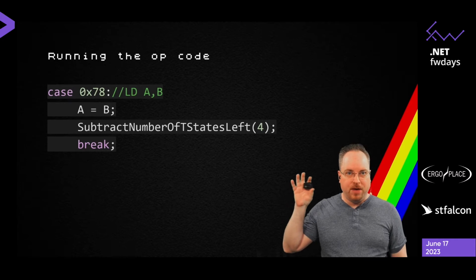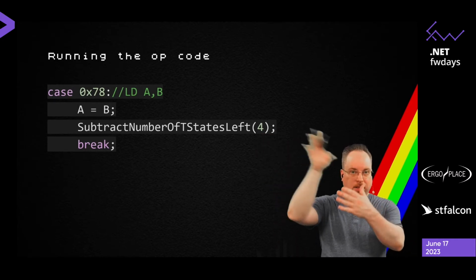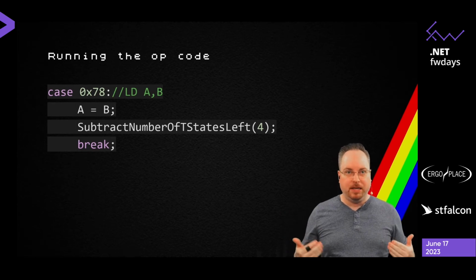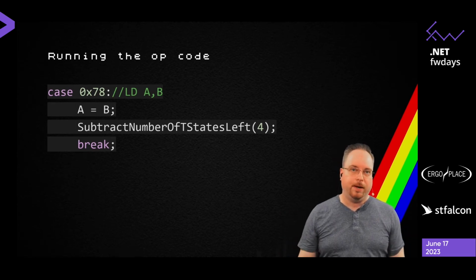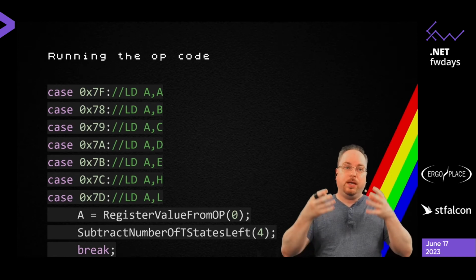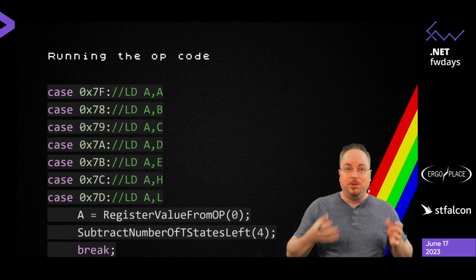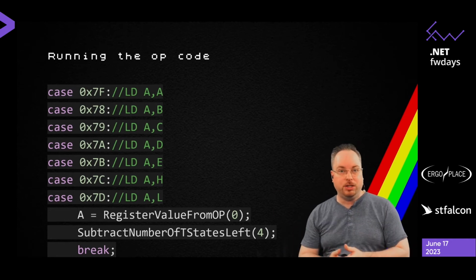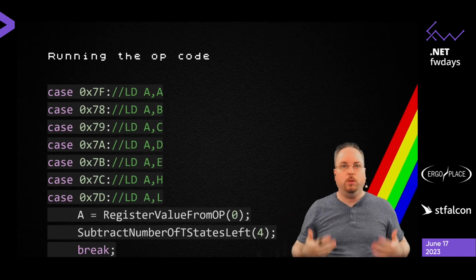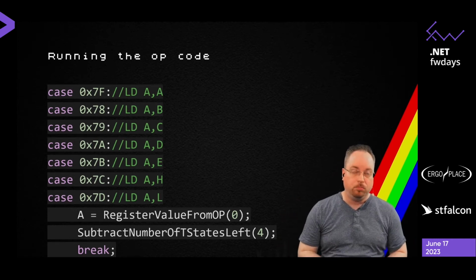It puts the value from the B register into the A register, and it subtracts some timing. It takes a little bit of time to do that. So instead, what we could do is use the method I just showed you to get the value out of the register. So now I can have all these cases controlled by the same method. Great.